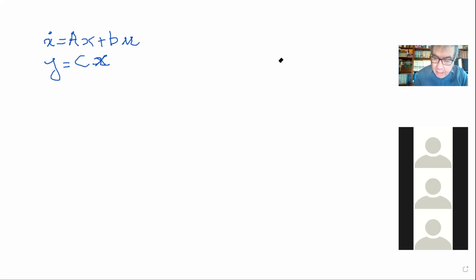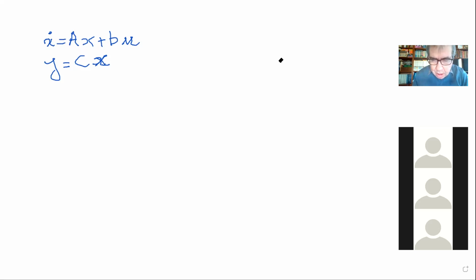You said something which is true. If I multiply the Laplace transform of the input by the transfer function, I get the Laplace transform of the output. So the transfer function is the quotient of the Laplace transforms of the output and the input, but there is still one detail: with zero initial conditions.